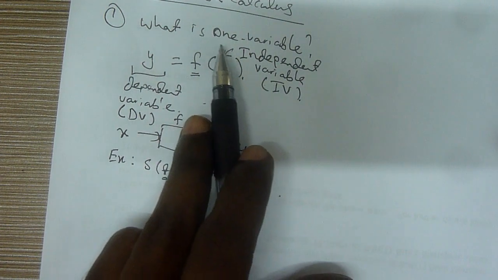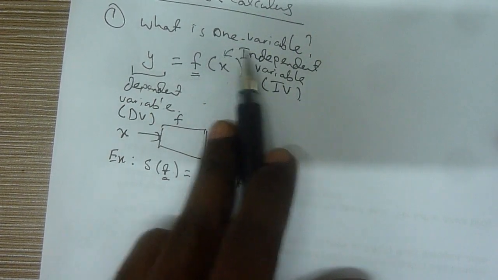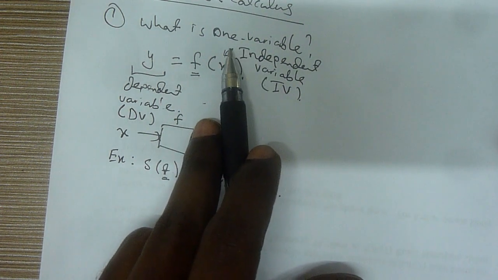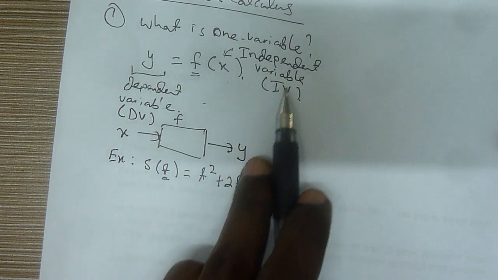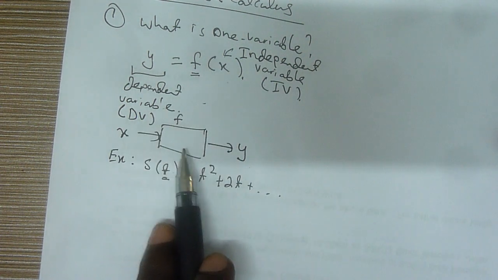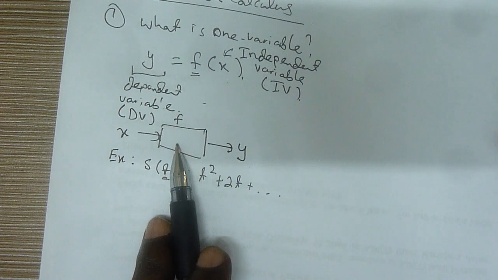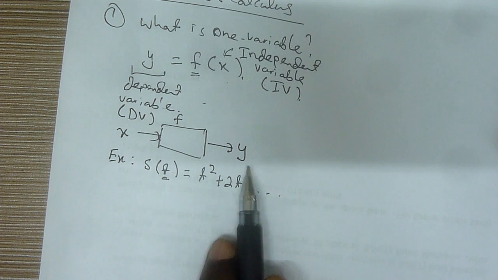But the most important thing here, when we study one variable, is explaining the usage of one independent variable as a feeder to a transforming function to produce a dependent variable.